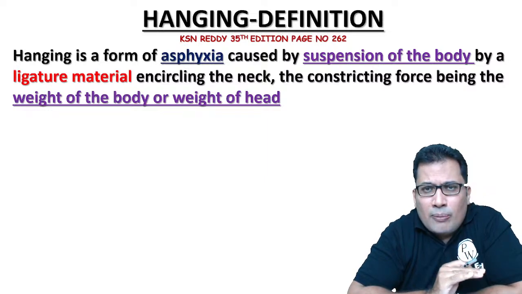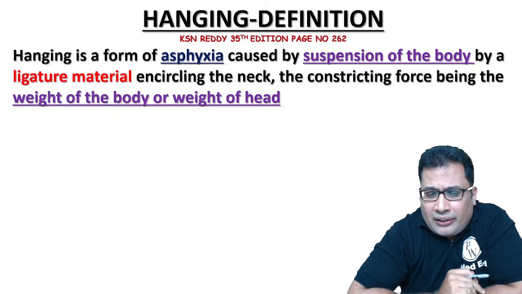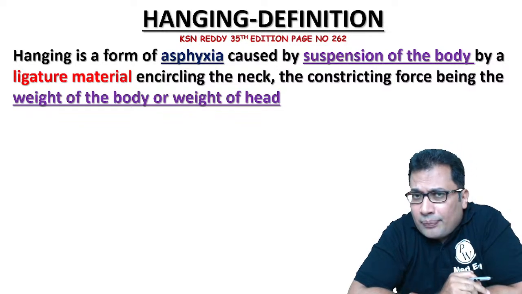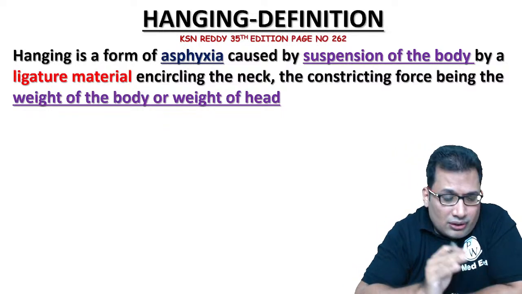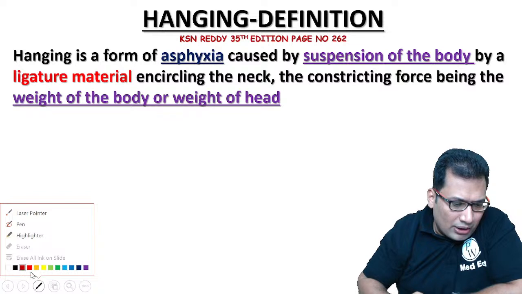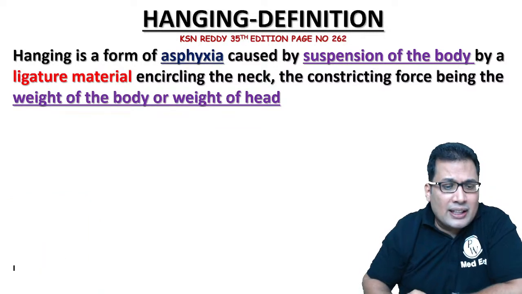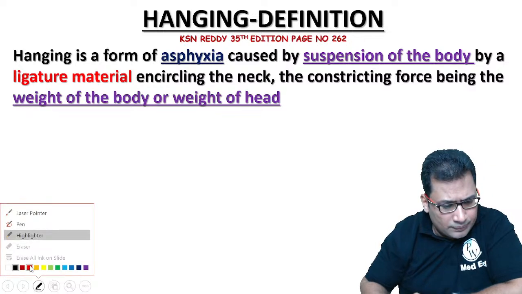So that you need to write in the exam. Hanging is a form of asphyxia caused by suspension of the body by a ligature material encircling the neck, constricting force being the weight of the body and weight of the head. Let me discuss the concepts in the definition. The question can be asked in your exam: define asphyxia, 3 marks question. Anybody, what do you mean by asphyxia?